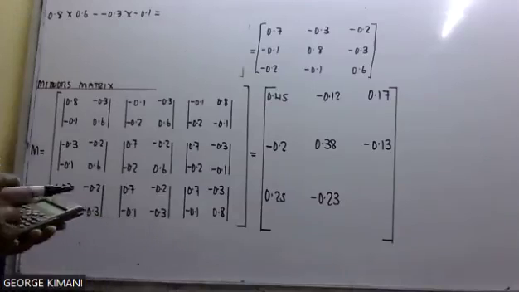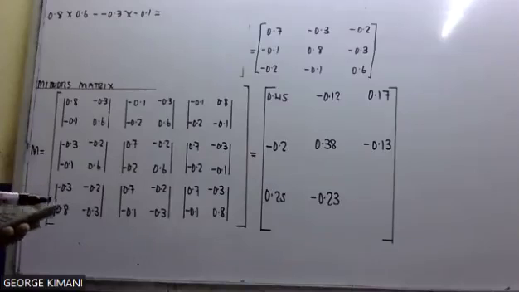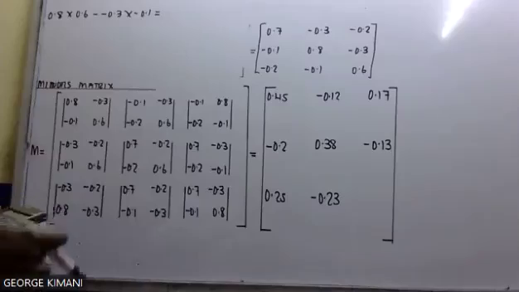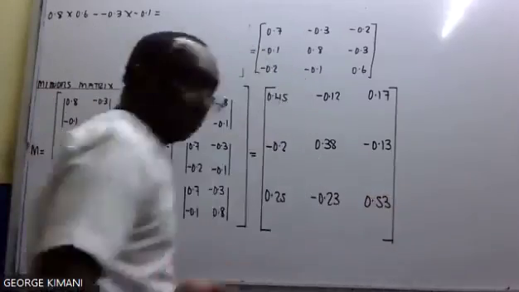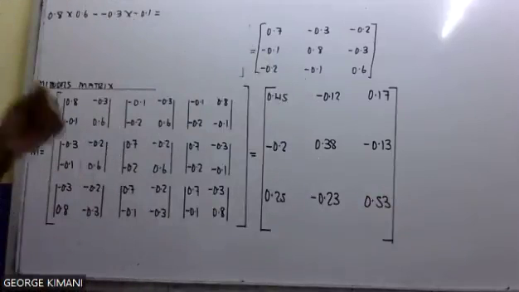I think we have made a mistake somewhere. Okay, it's 0.7 times 0.8 minus 0.3 times minus 0.1, 0.53. Good. We are doing a good job. That is now the minus matrix.